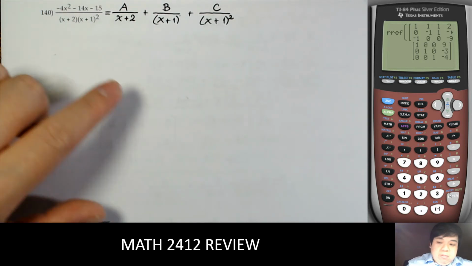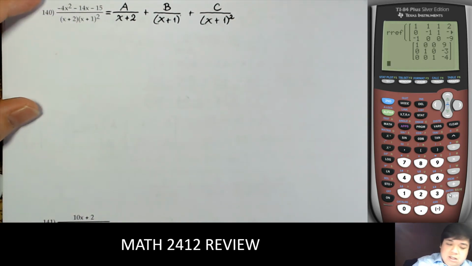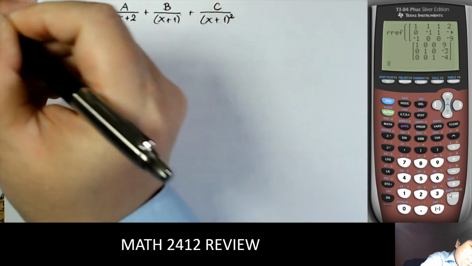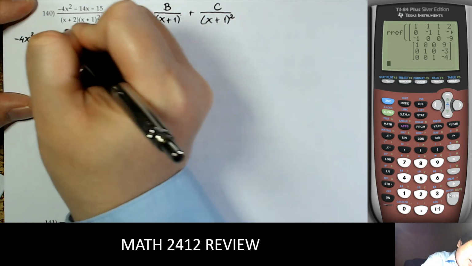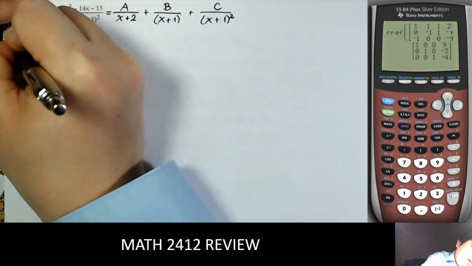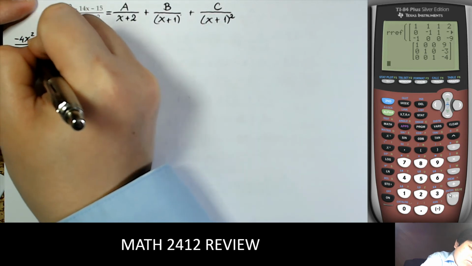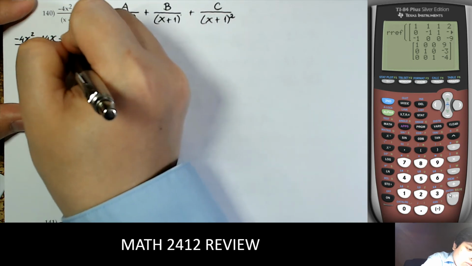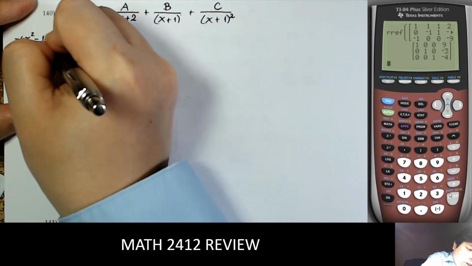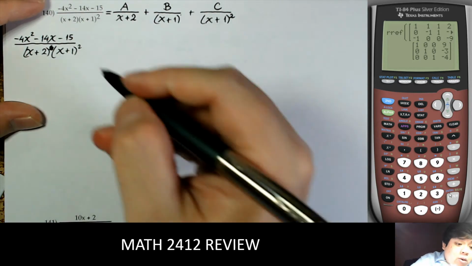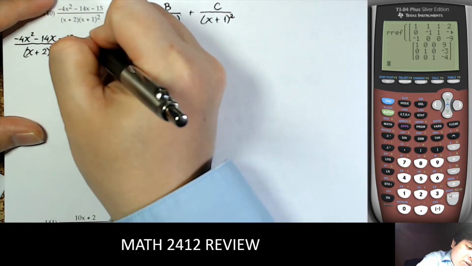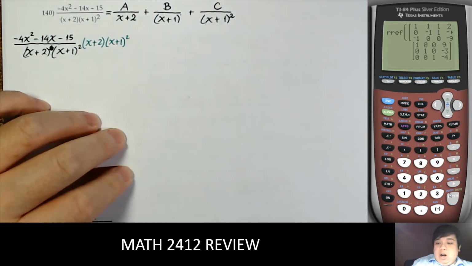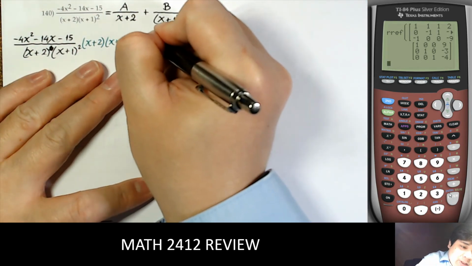So multiply everything by the least common denominator. So negative 4x squared minus 14x minus 15 over x plus 2, x plus 1 square. Of course, the square is on the x plus 1. Right, the least common denominator is x plus 2, x plus 1 square. I have to write a little small because it's a very long problem.